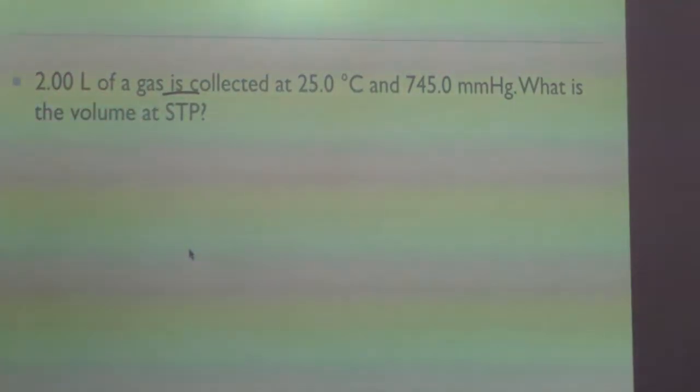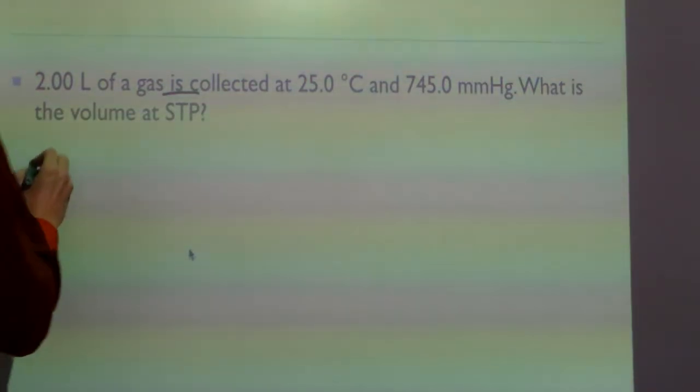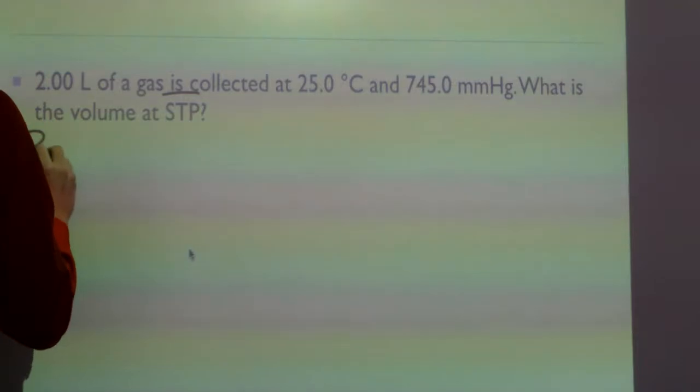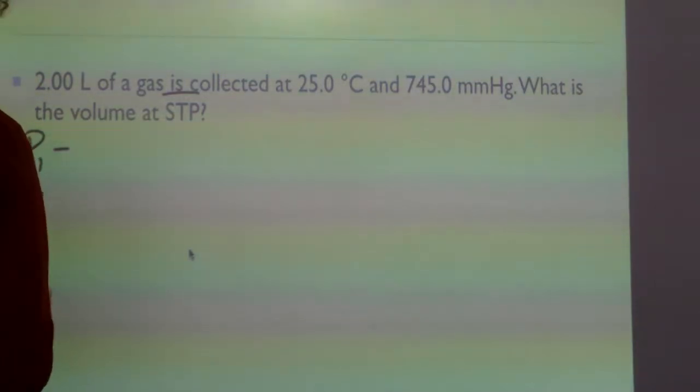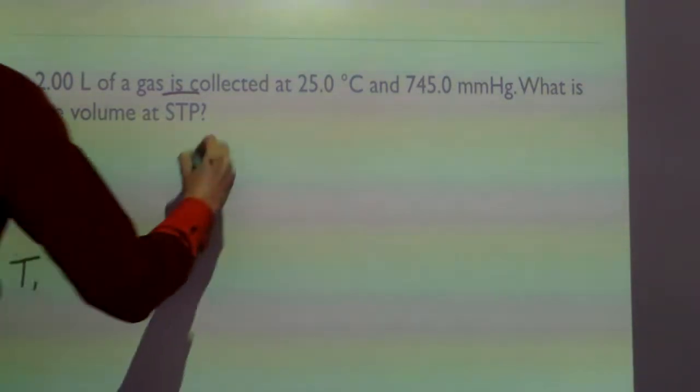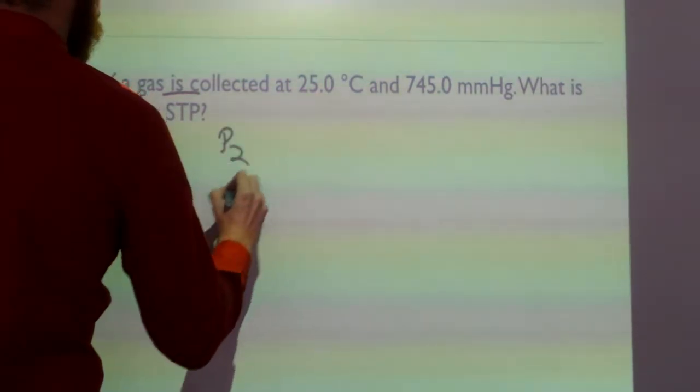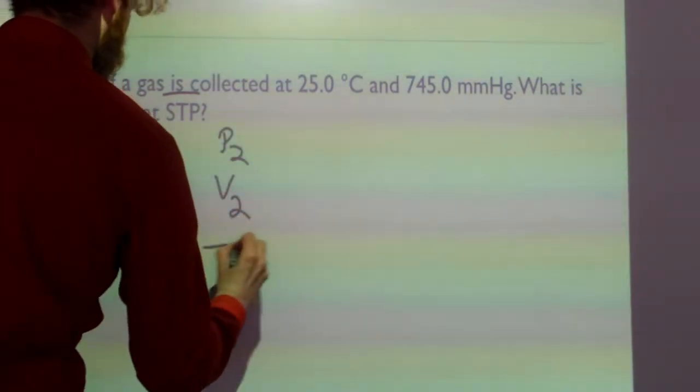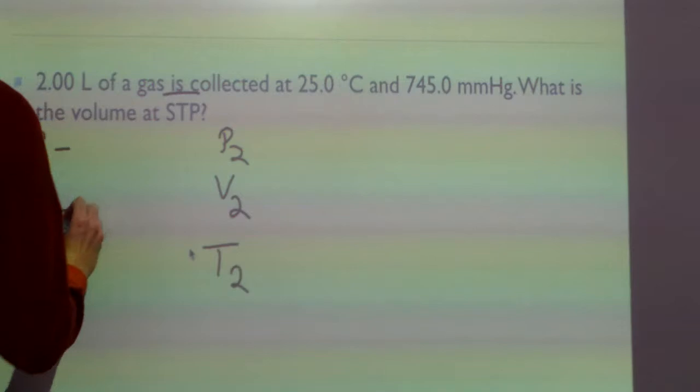Alright, so 2.0 liters of gas is collected at 25 degrees Celsius and 745 millimeters of mercury. What is the volume at STP? Now remember, STP stands for standard temperature and pressure. So let's go through and write down what we're given. So P1, V1, and T1, P2, V2, T2.